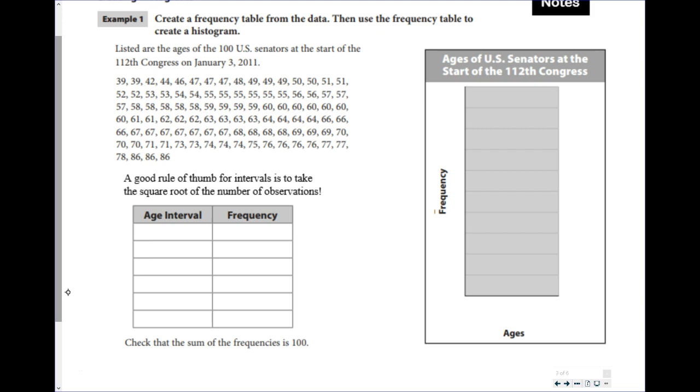The total data points is 100, so I take the square root of 100. That's fortunate, it's a perfect square, so the square root is 10. This means my intervals are going to be in intervals of 10.